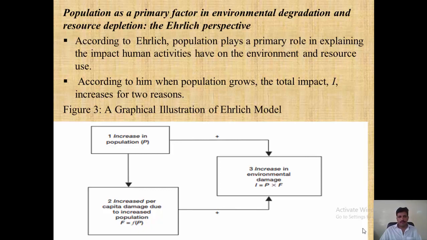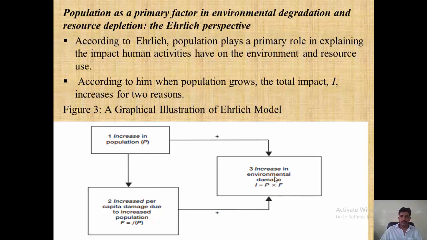We can explain it with figure number 3. Here we see that an increase in the population will increase the environmental degradation directly. On the other hand, an increase in the population leads to increased per capita damage, and therefore this will also increase the environmental degradation.